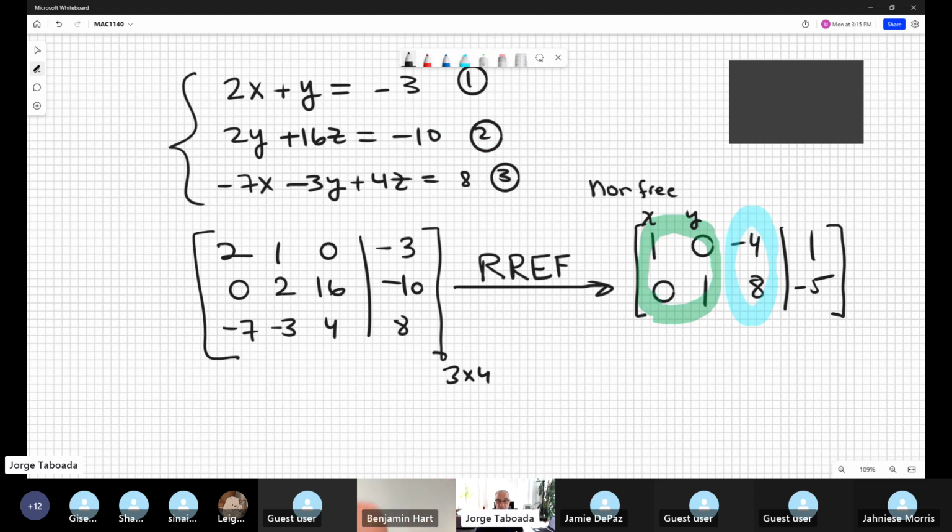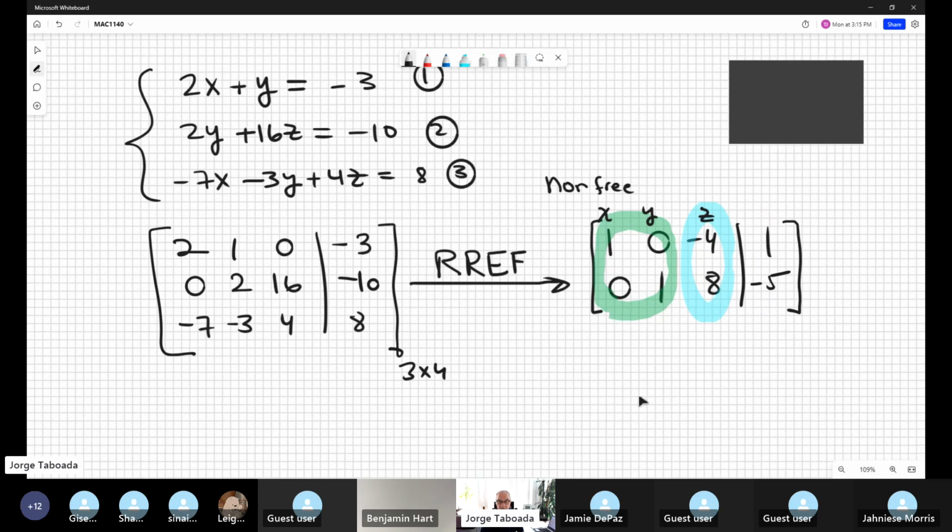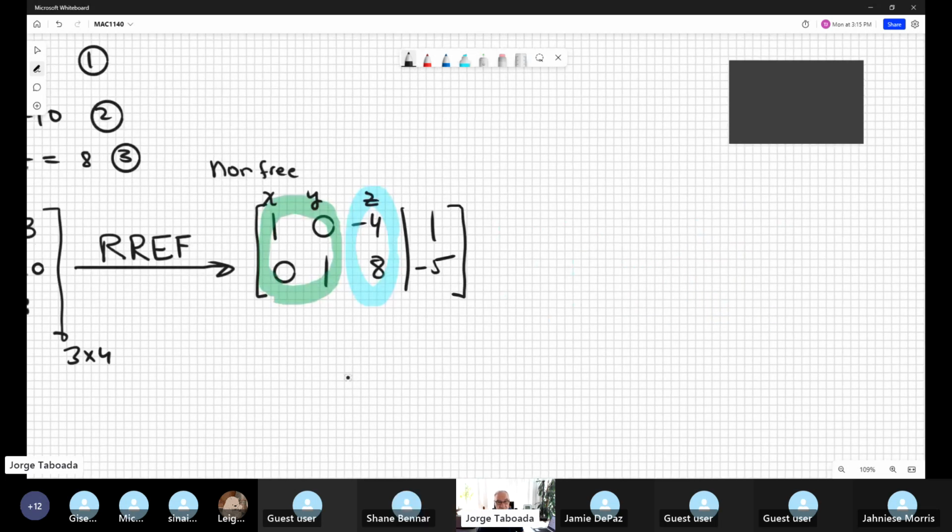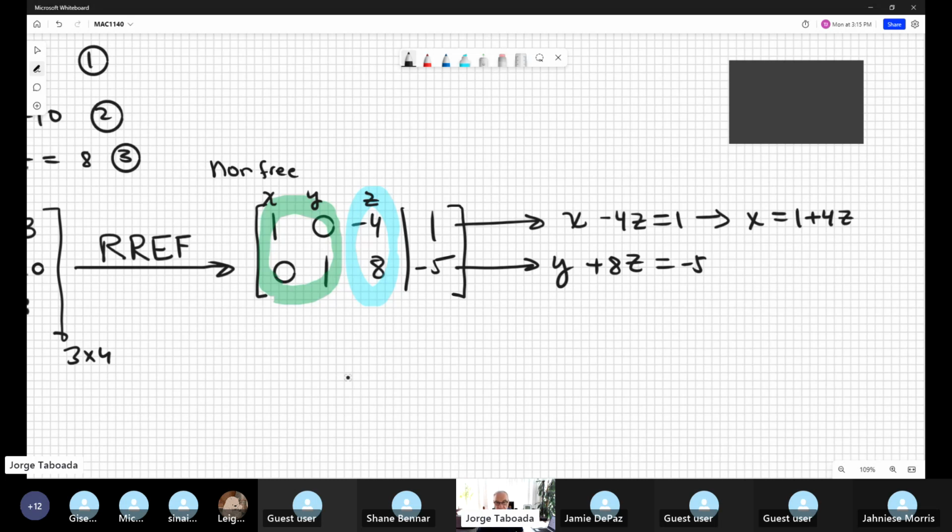If you write this equation, x minus 4z equals 1, therefore x alone is 1 plus 4z. Now y plus 8z equals negative 5, therefore y alone is equal to negative 5 minus 8z.